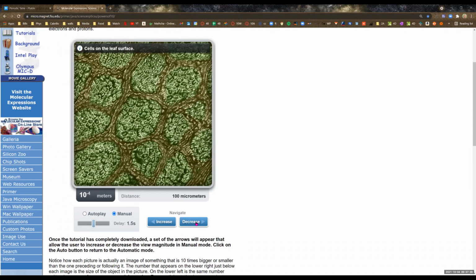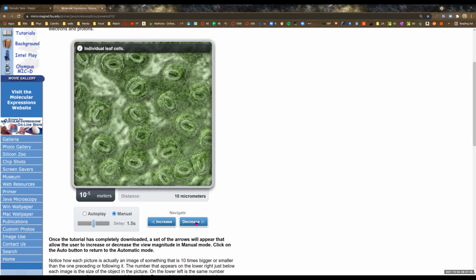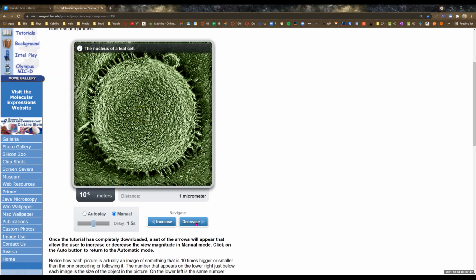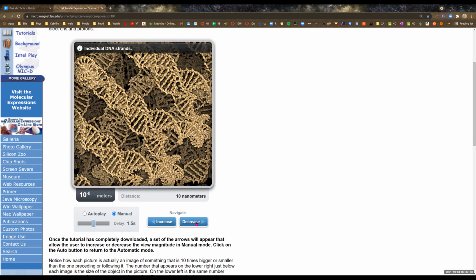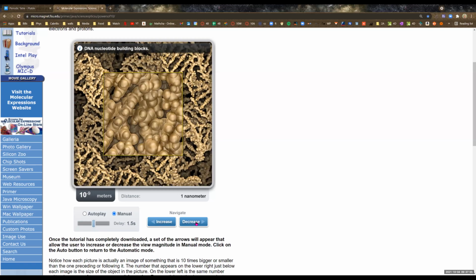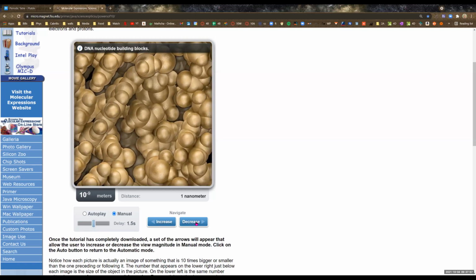So you get a series of valleys and mountain ranges at this level. We are going from cells to now chains of molecules. And now we're looking at a molecule. And a molecule is a collection of atoms.